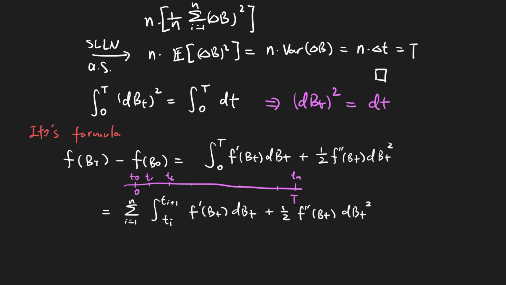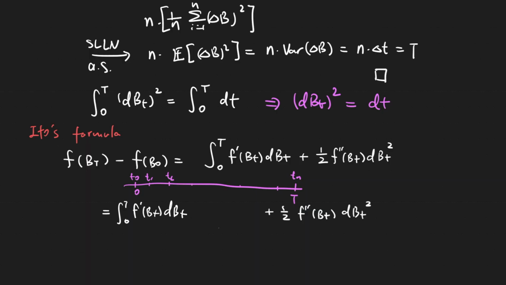The problem actually is not caused by the first integral. So I'm just going to rewrite this a little bit. I'm going to combine the sum with the second integral. We can copy the first order integral, from 0 to t of f prime of B_t dB_t.